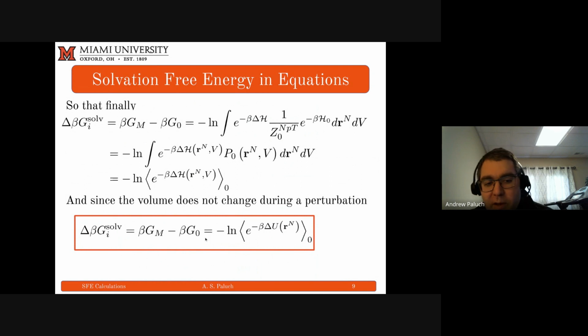So my final working expression is that my solvation free energy is equal to negative log times the expectation value of e to the negative beta delta U, which is a function of position. And we're going to talk on the next slide about how we'll actually perform said calculations. But if you could follow along with what we just did, you could derive perturbation theory.